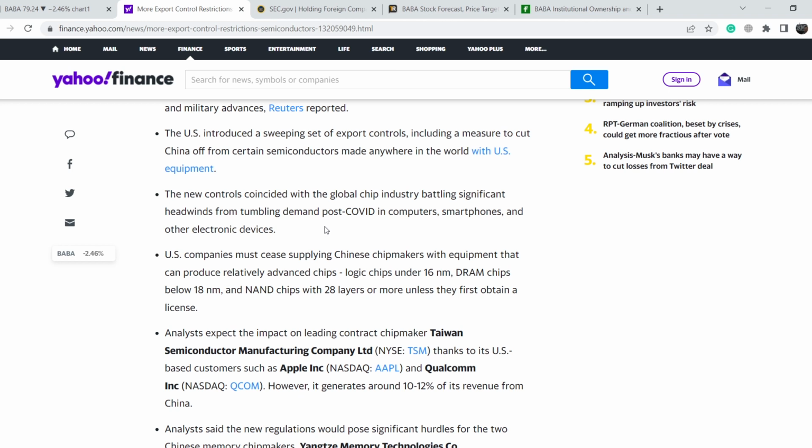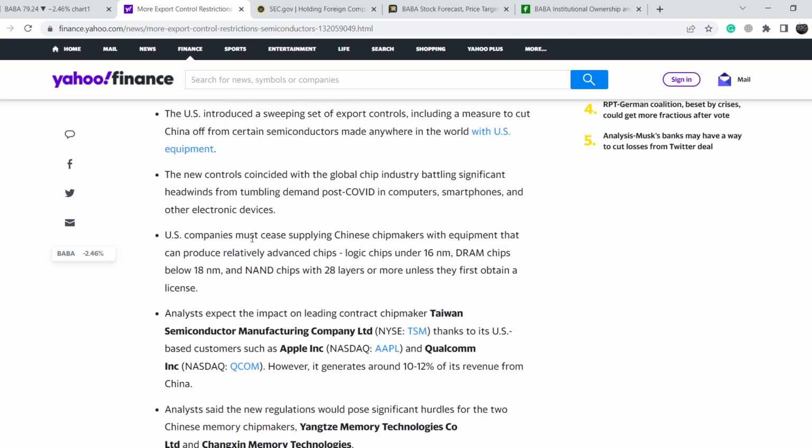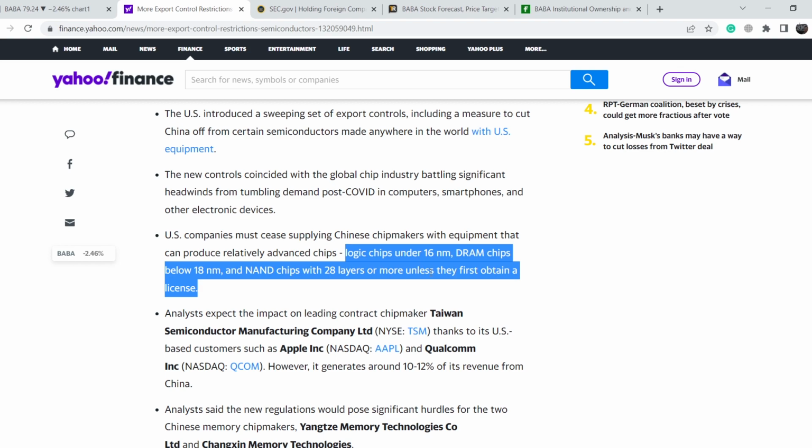The new controls coincided with the global chip industry battling significant headwinds from tumbling demand post-COVID in computers, smartphones and other electronic devices. US companies might cease supplying Chinese chip makers with equipment that can produce relatively advanced chips. And here are some technical details, and I don't want to dive deep into these details.